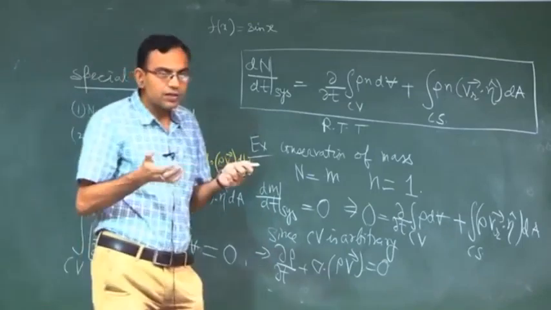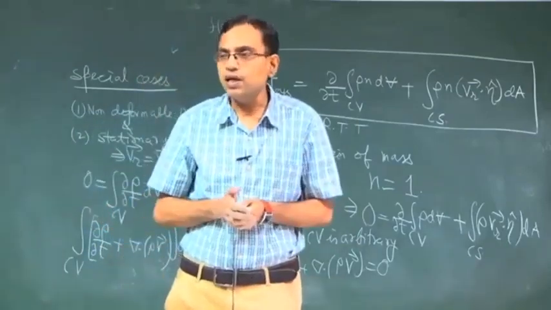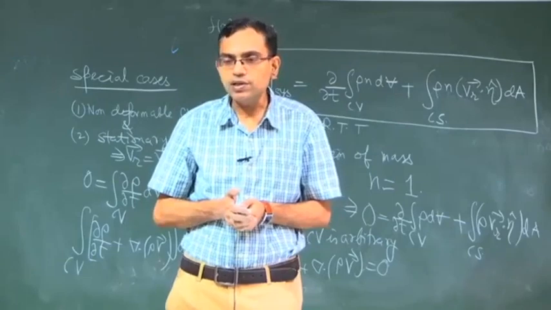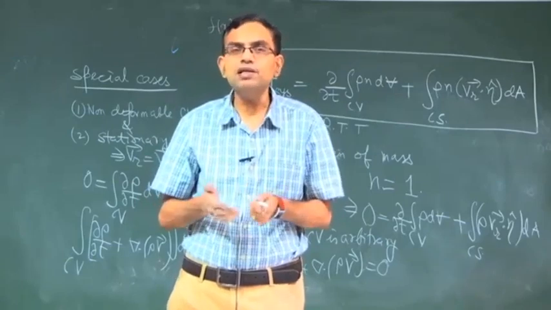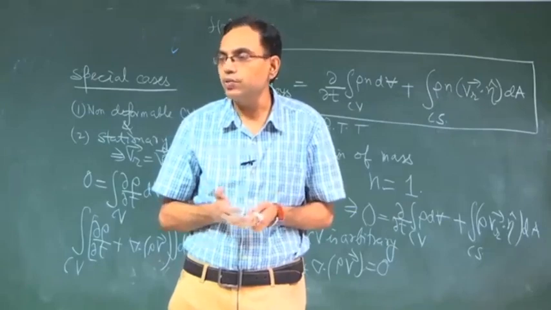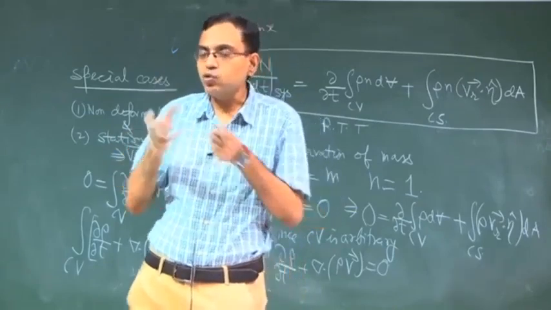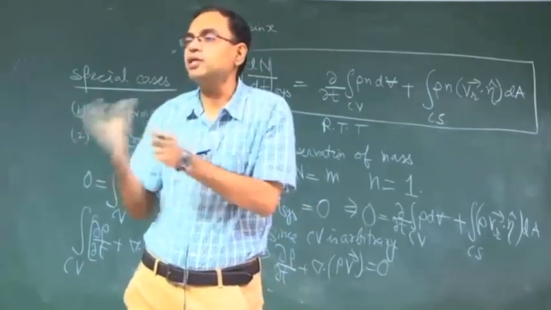So far today what we have studied: a general integral form of the conservation equation and its special application in deriving the conservation of mass, or the continuity equation, and we have learnt a special technique of how to convert an integral form to a differential form.